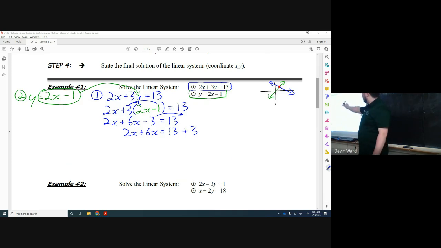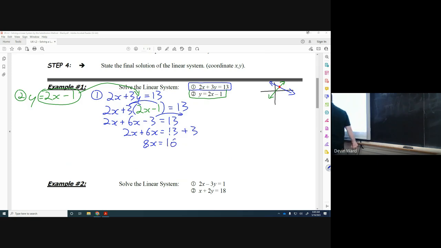So I have 2x plus 6x equals 13 plus 3. Now I have all of my letters on the left, all my numbers on the right. I can simplify: 2x plus 6 more x's would be 8x, and 13 plus 3 would be 16.